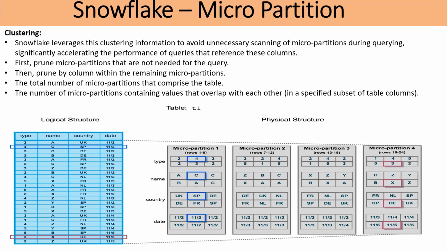Why 3? Micro partition 1 is there, micro partition 2 also is there, and 3. So 11/2 is residing in partition 1, partition 2, and partition 3, because you have some overlap. This one is entirely only 11/2, and here you have 11/2, 11/3, and then here also 11/4, and this one has different. So when the dates are organized, it also has overlaps.